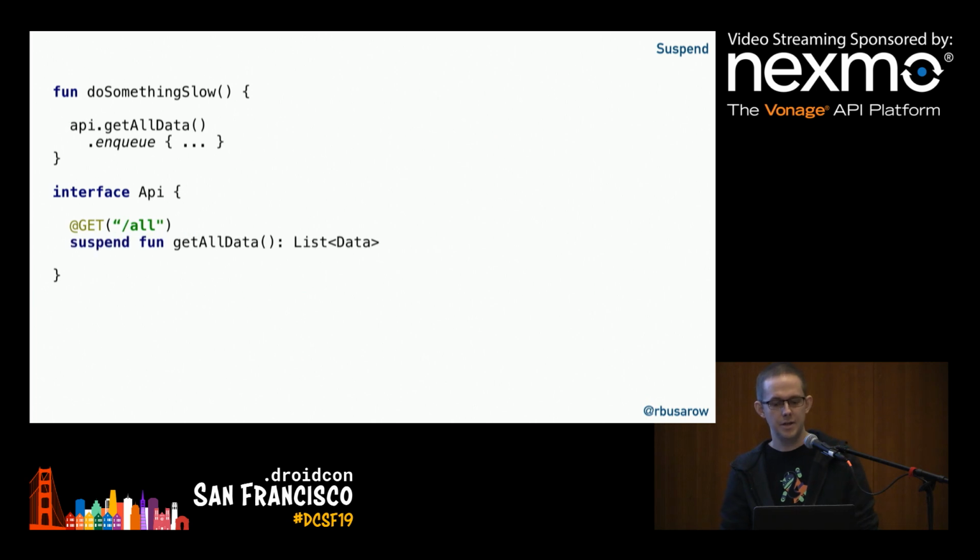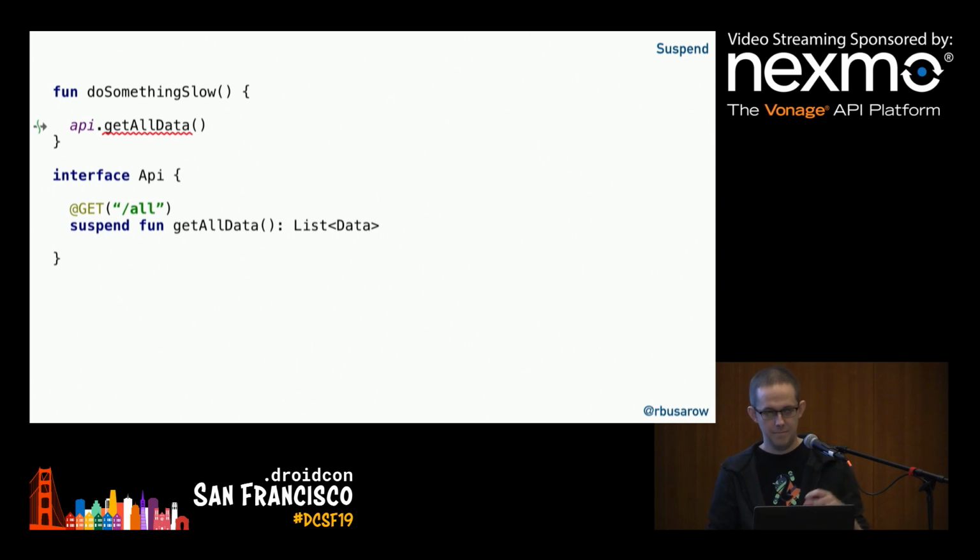And nowadays, since Retrofit 2.6.0, which was last summer, we have the ability to add suspend modifiers to our Retrofit services. So now we've lost the call wrapper around the response, and we've gained this suspend modifier. And well, this is going to cause problems. We've got that minor problem.